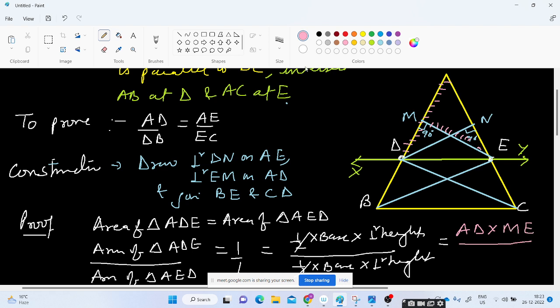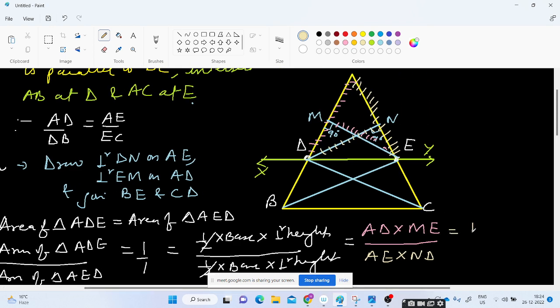And for the triangle AED, the same triangle but taken from the other side, the base is AE and the perpendicular height is ND. So you will write AD into ME upon AE into ND, and write it as equation 1, and it is equal to 1/1.